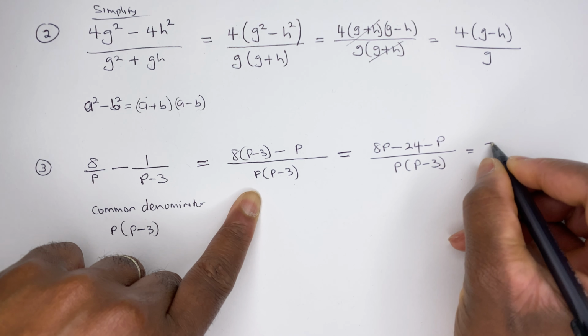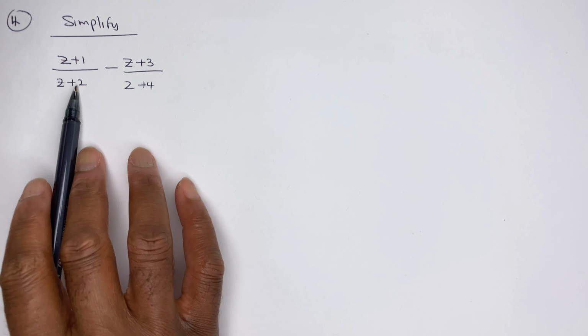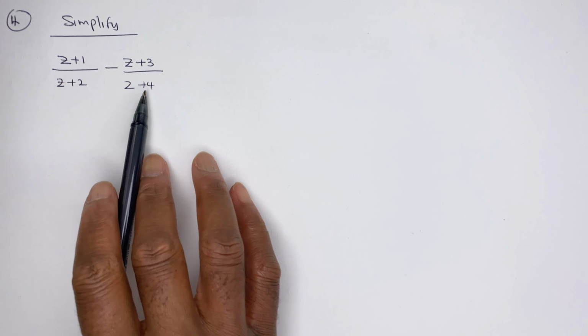Question 4. We need to simplify z plus 1 over z plus 2 minus z plus 3 over z plus 4.